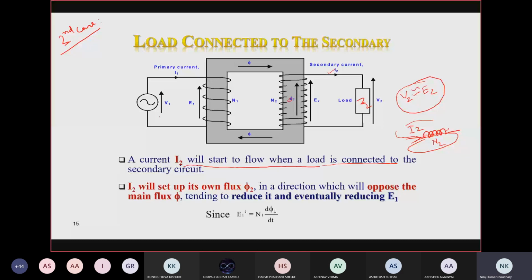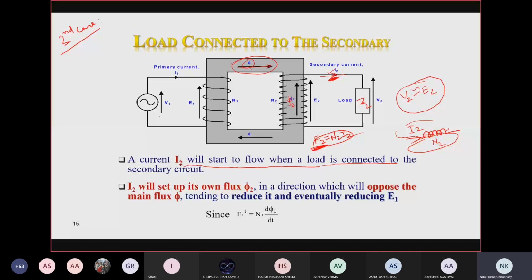Because क्या हम लोग पढ़े थे कि कहीं भी फ्लक्स का डायरेक्शन कैलकुलेट करने के लिए या एस्टिमेट करने के लिए you have to put your thumb in the direction of current. So put your thumb in the direction of current. So you will find that flux is in the opposite direction of the main flux flowing through the transformer core. That is phi. Right? ठीक है, ये समझ में आया?